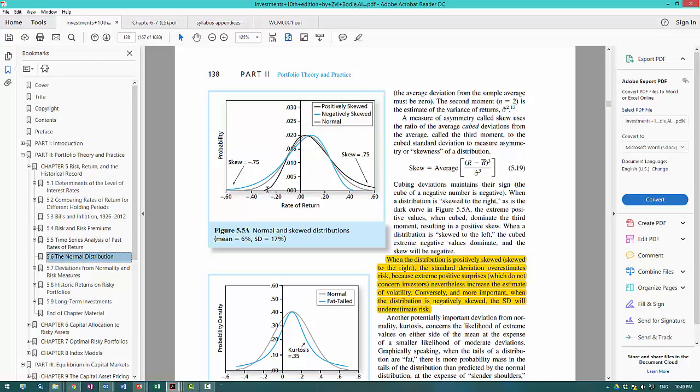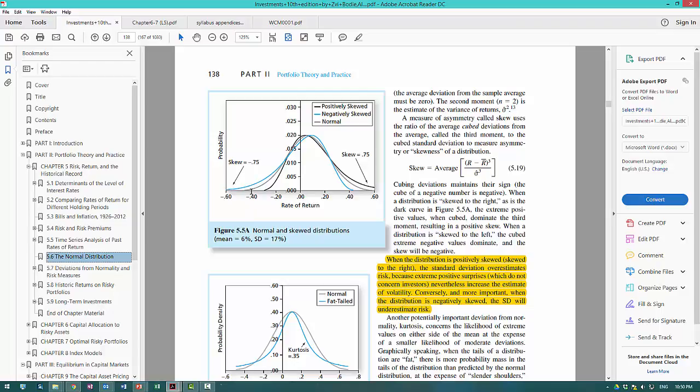Now, on the other hand, if your data set is negatively skewed, which is represented by the blue line, but you mistakenly think it is normal, so you think the worst that it gets would likely be somewhere around, let's say, 45%, which is this point here, whereas actually it can get a lot worse.